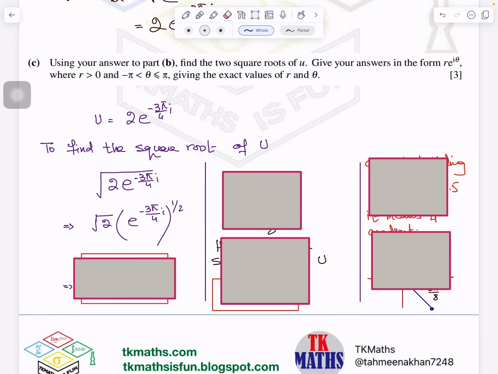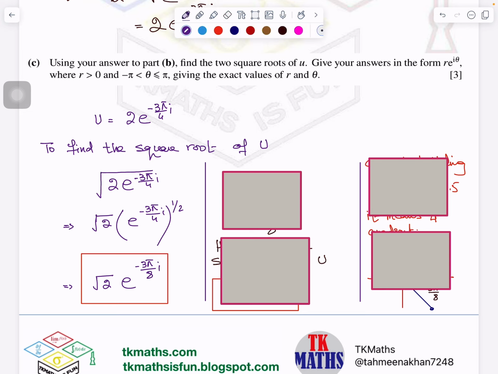So now I will multiply 3 pi by 4 by 1 over 2. So it will become 3 pi by 8. Now the problem students mostly face is they cannot identify with the help of this which quadrant they are in, because they are so used to using the degree method. So you can do one thing very easily, rather I have done here for you. You know pi is equal to 180 degrees, right?